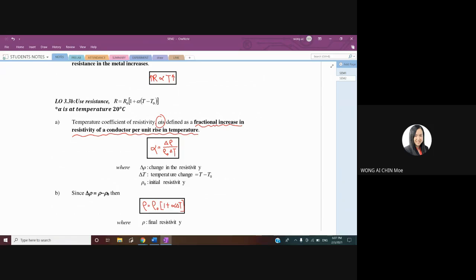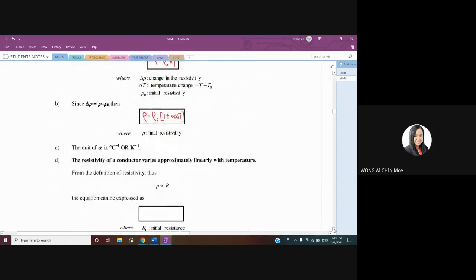If you want to calculate the resistivity before the temperature and after the temperature is increased, we want to find the change.